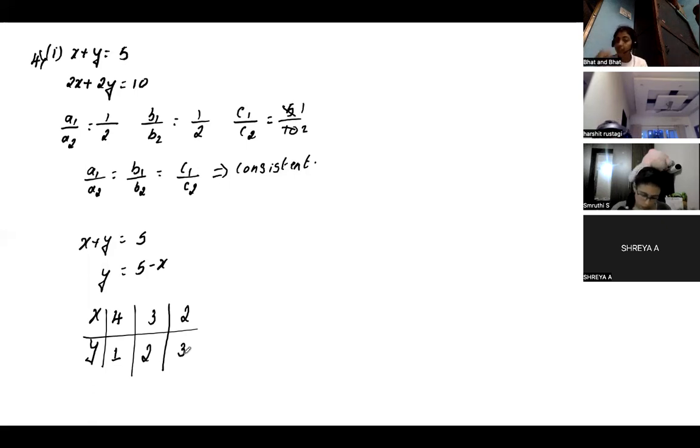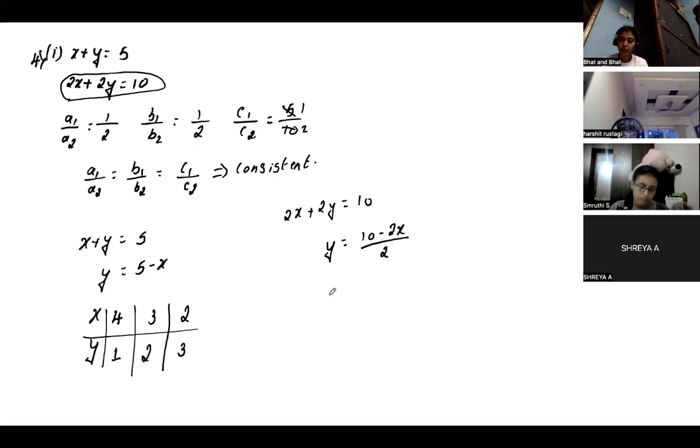Now, if you actually see the second equation, if you divide the whole equation by 2, you will get the same equation. Correct? It is the same, right? So we can again just take 2x plus 2y is equal to 10. So y is equal to (10 minus 2x) divided by 2.